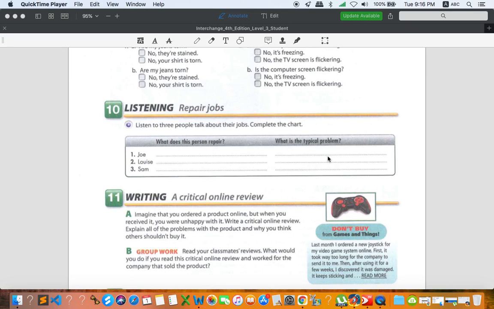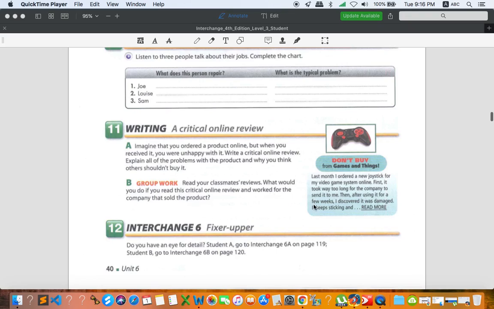Number 11 is about a critical online review. Of course, I'm not going to ask you to write a review, but I just want to explain what it is exactly. A review is like feedback that you write about a certain kind of product, or text, or technology, or maybe an item that you purchased.